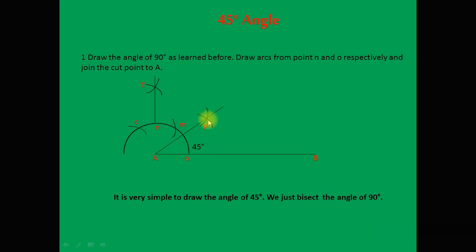When these two arcs join each other, join this common point to this point A, and you will get an angle of 45 degrees. So dear students, note that for a 30-degree angle, bisect the angle of 60, and for a 45-degree angle, bisect the angle of 90 degrees.